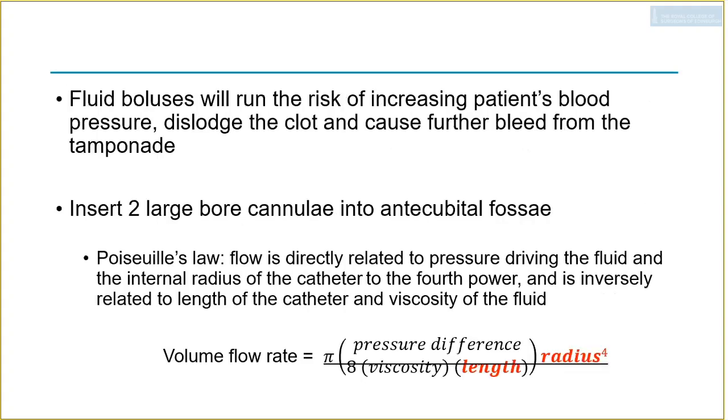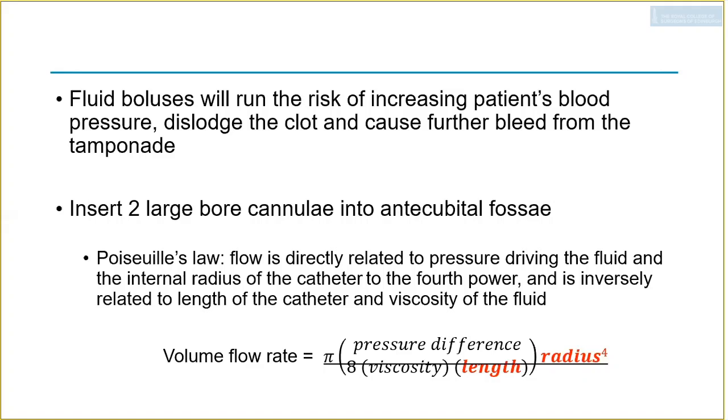So we've mentioned before, fluid boluses run the risk of increasing the patient's blood pressure, dislodging the clot, and causing further bleeding from the tamponade. So what do you do? Do you put a central line in? Do you put two large bore cannulas in? If you look at Poiseuille's law, the flow rate is proportional to the radius and inversely proportional to the length. So in situations like this, you do not want to put a central line.